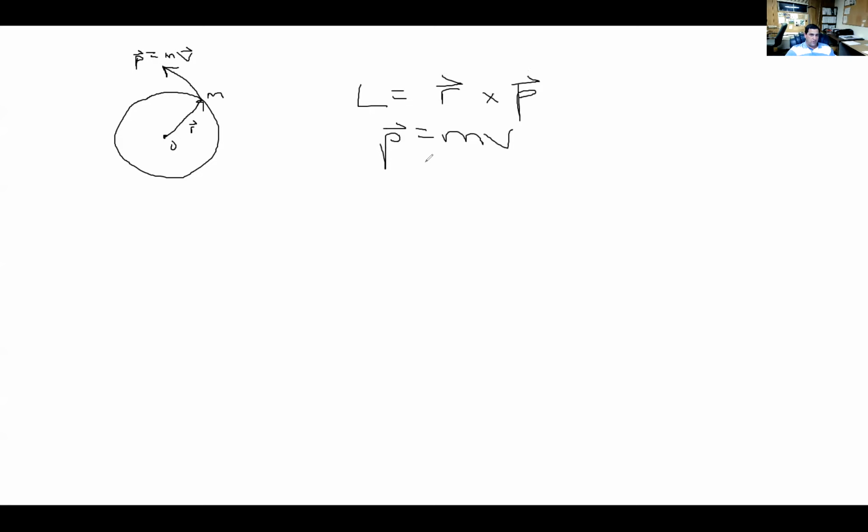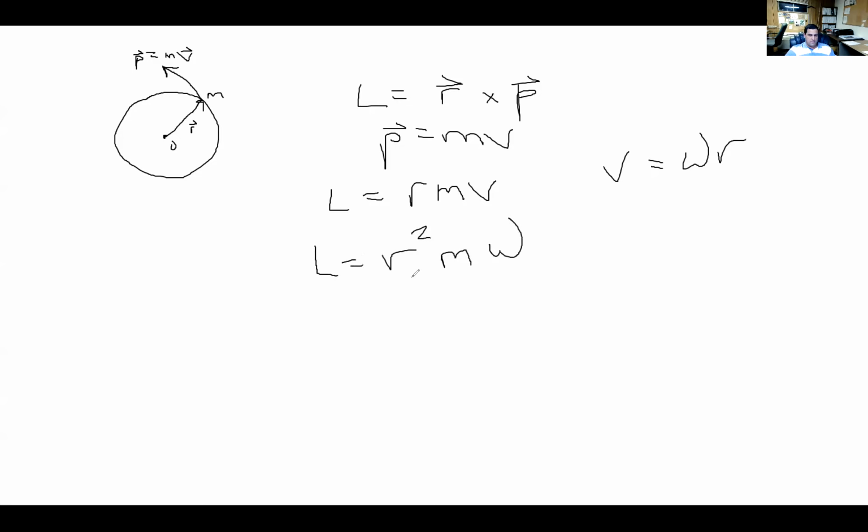Now if we plug this in, velocity is equal to angular velocity times R. If I plug that in for this V, I end up with R squared m times angular velocity.